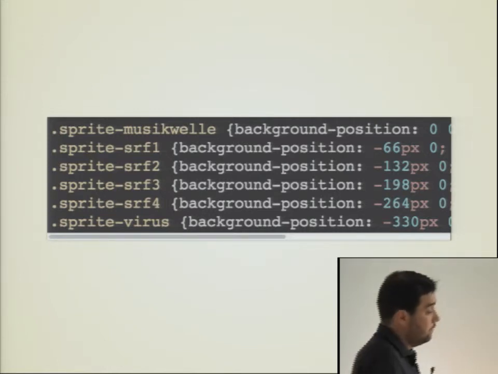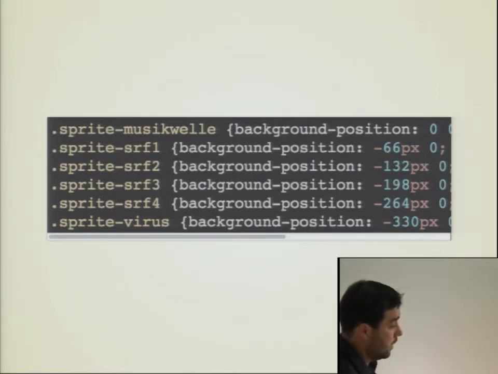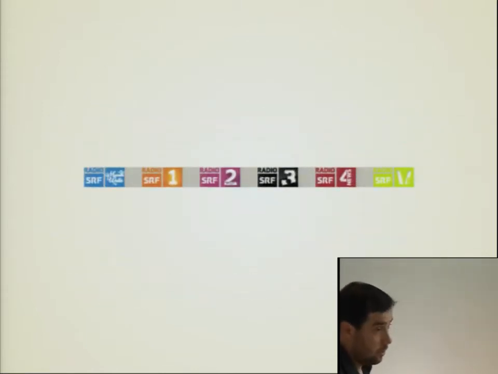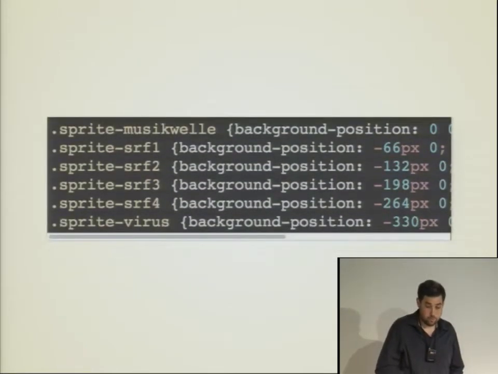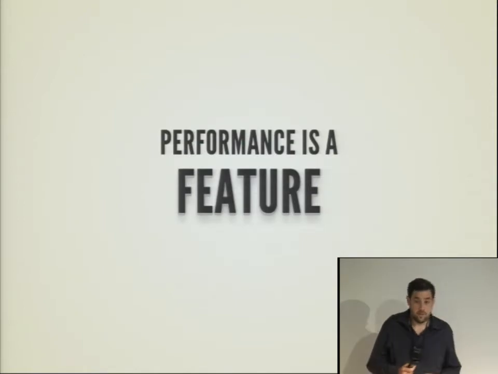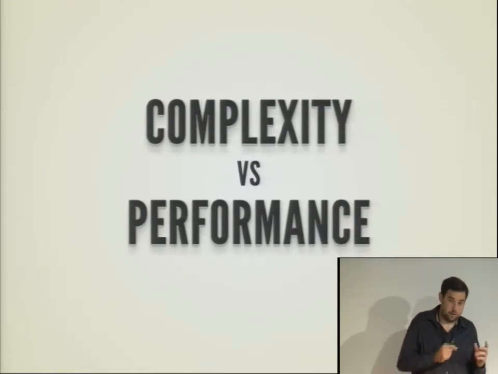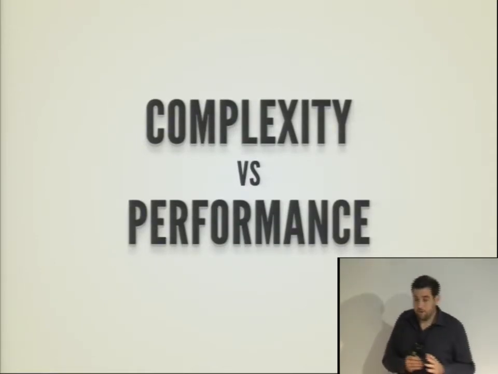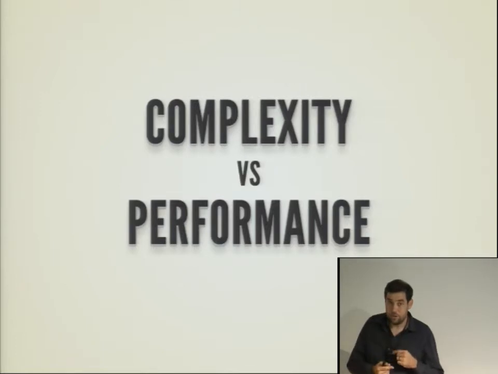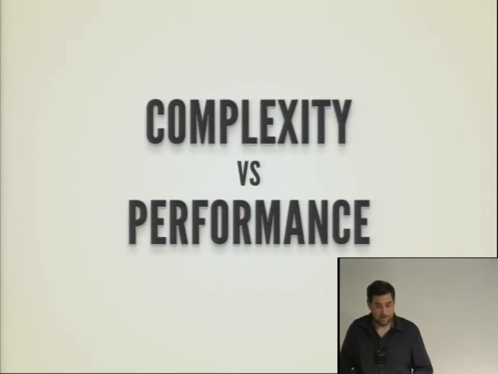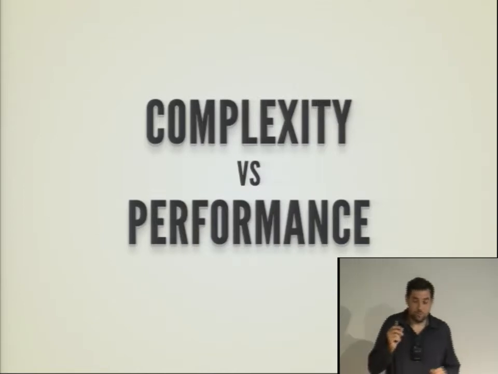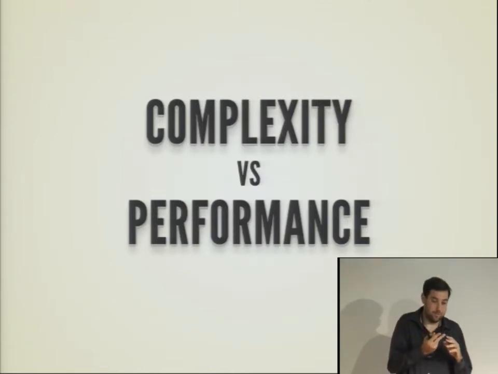Now, for this CSS and image composition, there are a lot of tools. I'm sure you know of some of them, but it's a feature, and it's a lot of complexity you are adding here. Because, for example, if you need to exchange a logo, maybe because some colors slightly changed, then you cannot just exchange one image.